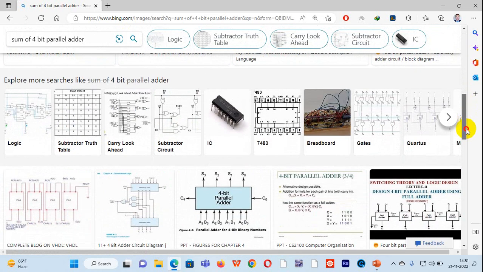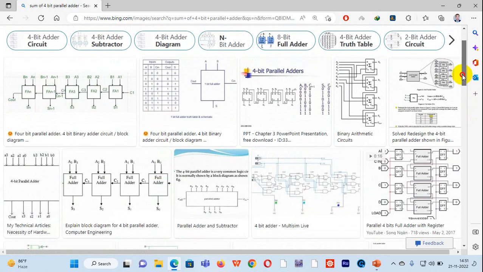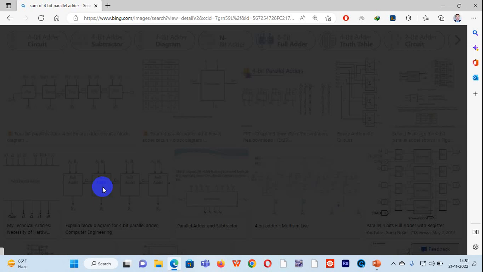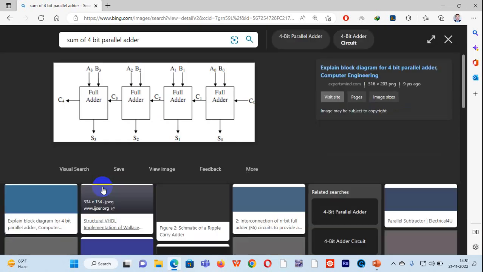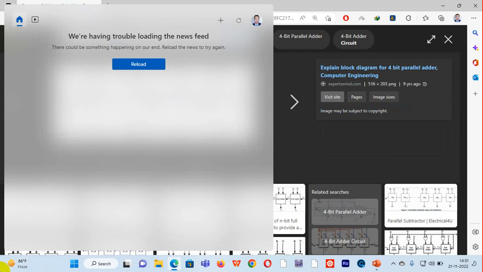It becomes A exclusive or B exclusive or C. The equation of sum becomes A exclusive or B exclusive or C. So that's our basic hardware, 4-bit parallel. Now let's go back to our slide.